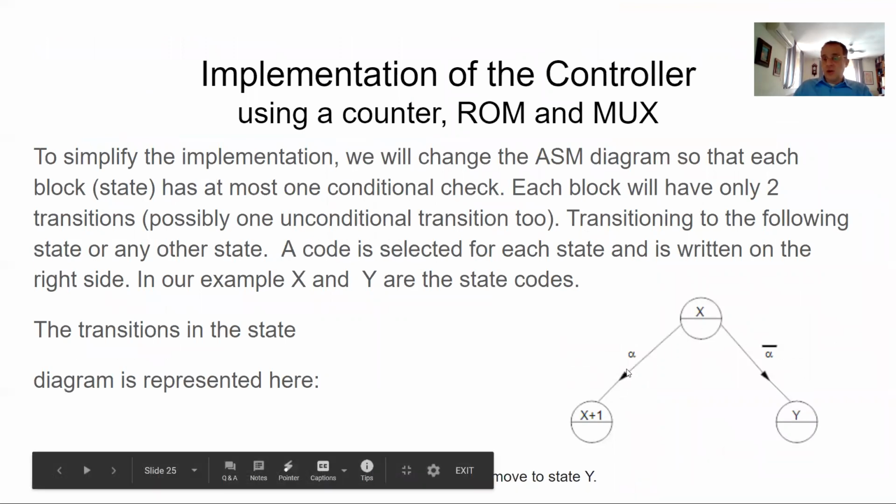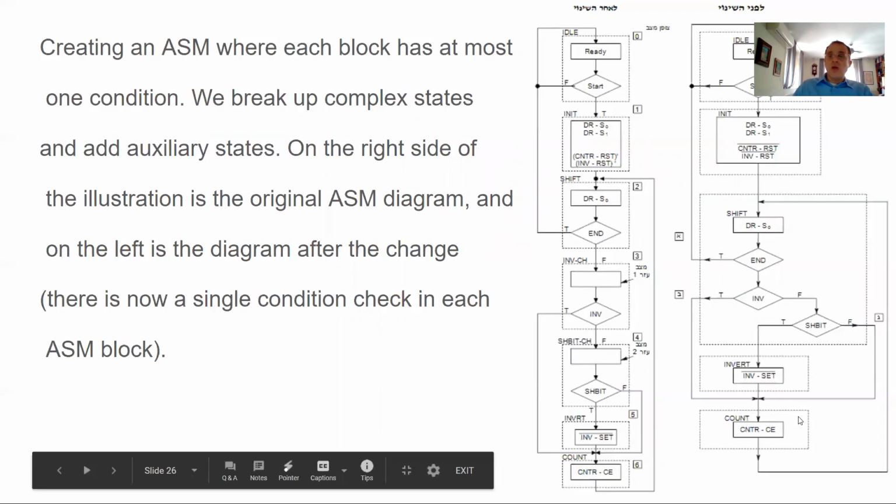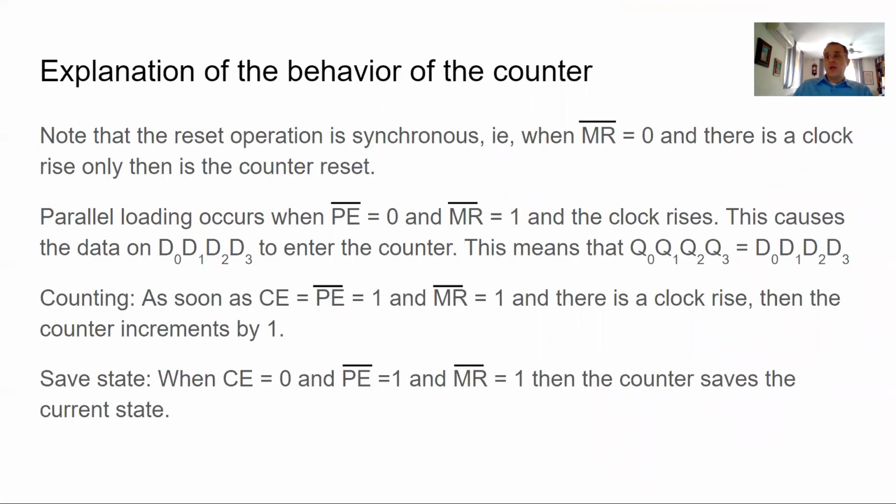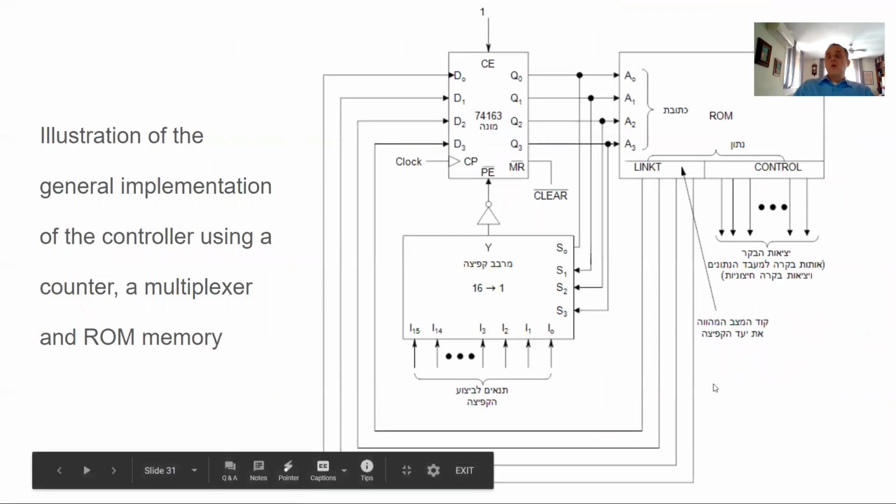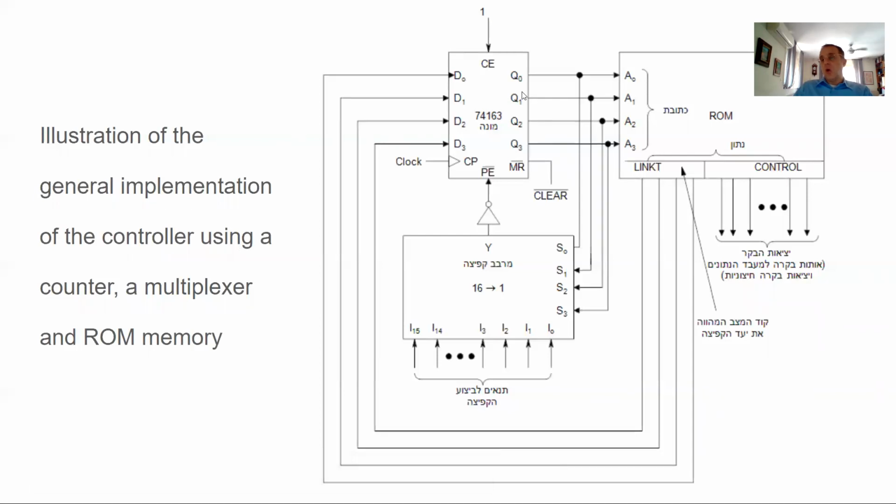If alpha is true, go to the next stage, x plus 1. If alpha is not true, go to one other stage, not multiple possibilities. We needed this in order to implement it with only 2 options: either the next incremental one, which is whatever the queue would ordinarily give you, or override the queue by whatever is written in the ROM in this section.